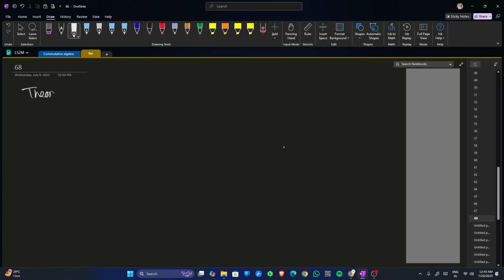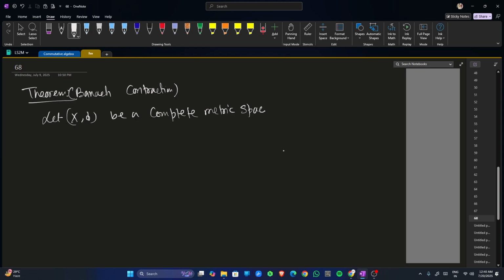Theorem: Banach contraction. Let (X, d) be a complete metric space, and let f from X to X be a contraction.